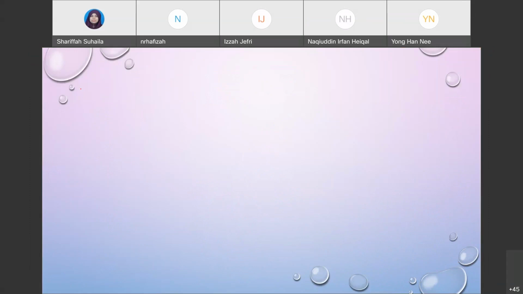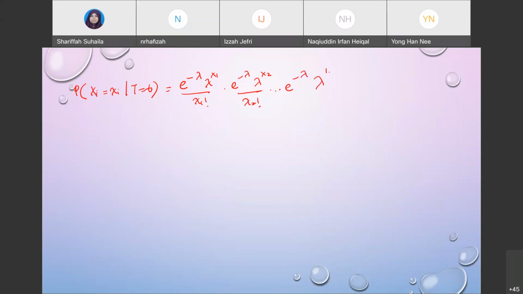So kita dah ada X given T, we already have the conditional probability. Exponential negative lambda x1 over x1 factorial, and then exponential negative lambda x2 over x2 factorial. And kita ada exponential negative lambda t minus summation i equals to 1 up to n minus 1.